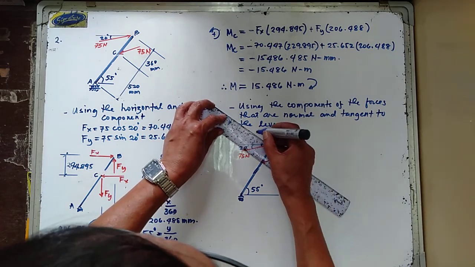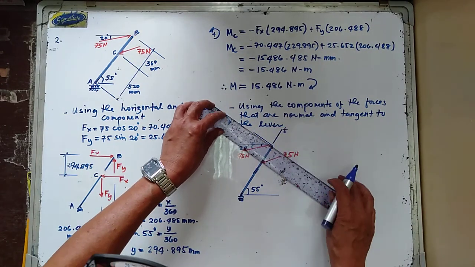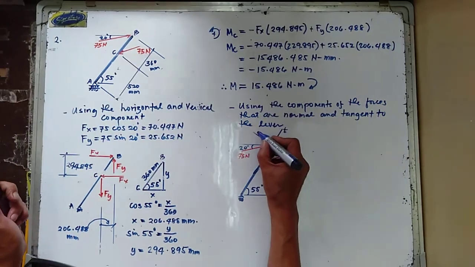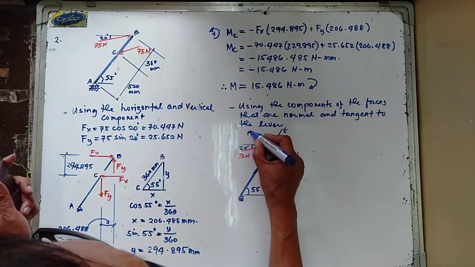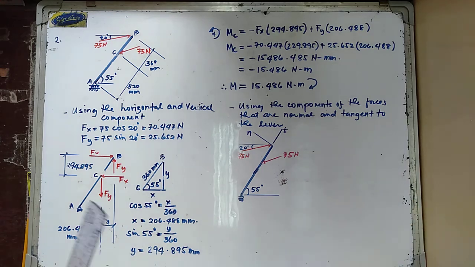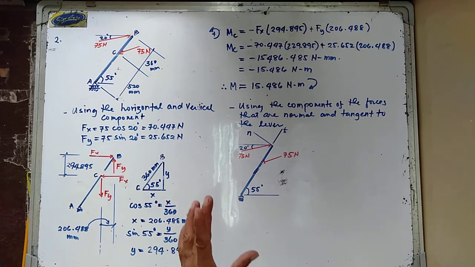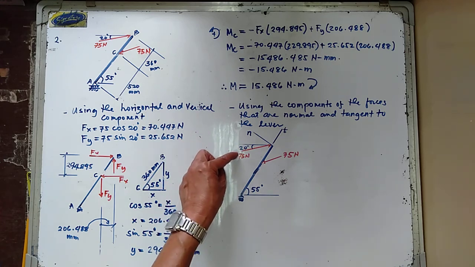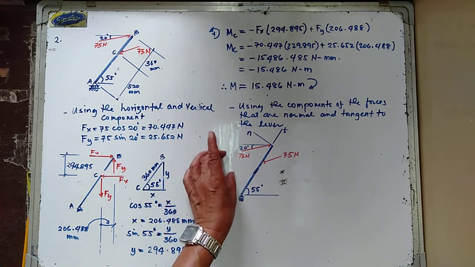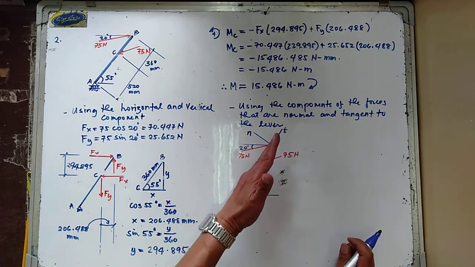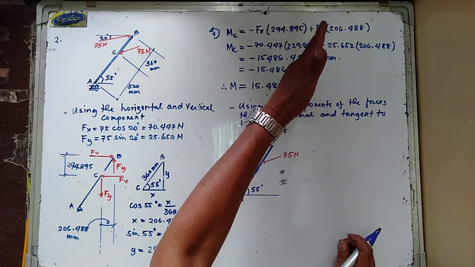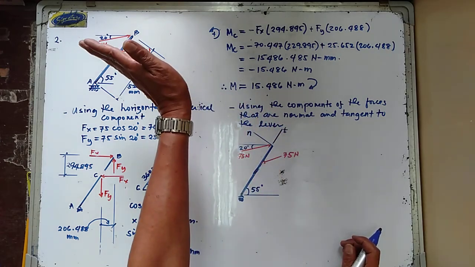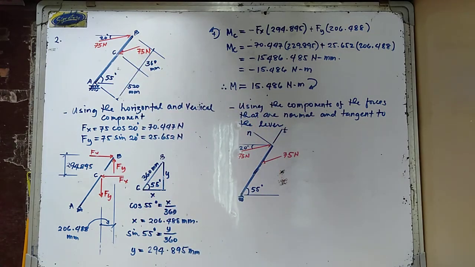So this is now the normal axis, or that one is now equal to N. Now, let us try to determine the components of this force of the couple in your t-axis, which is tangent, and in your n-axis, which is normal.